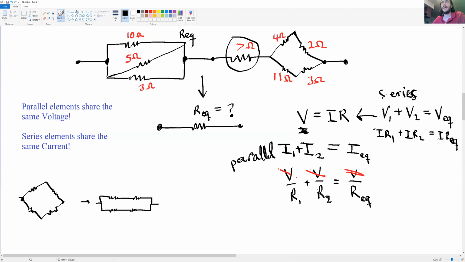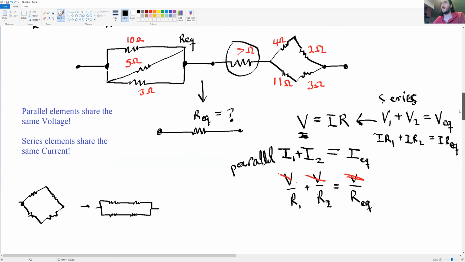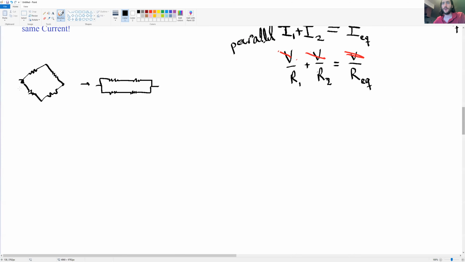Okay, so I'm going to go ahead and go through the calculations on this now. So a 10, a 5, and a 3 in parallel. Well, I have 3, so let's do 1 over 10 plus 1 over 5 plus 1 over 3. That's 1 over REQ for just that little parallel piece. I can make these a 15 if I put a 5 on top, and a 3 on top.